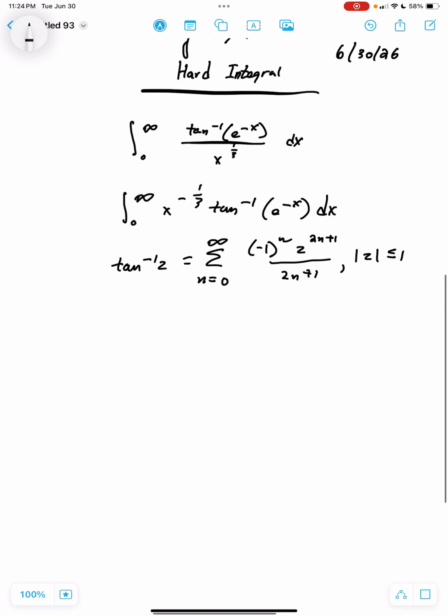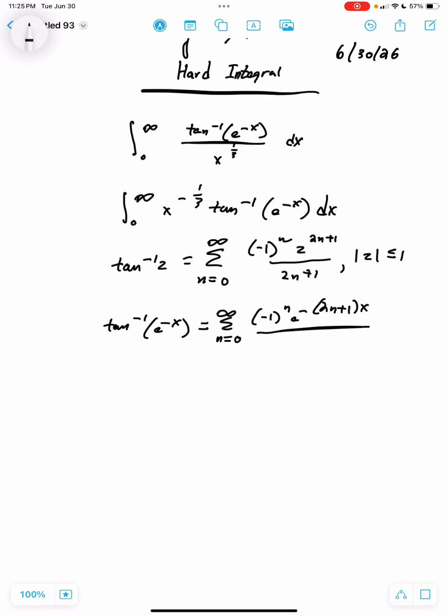And with z being equal to e to the negative x in this case, I can know that tan inverse of e to the negative x equals the summation from n equals 0 to infinity of negative 1 to the n e to the negative 2n plus 1 x over 2n plus 1.